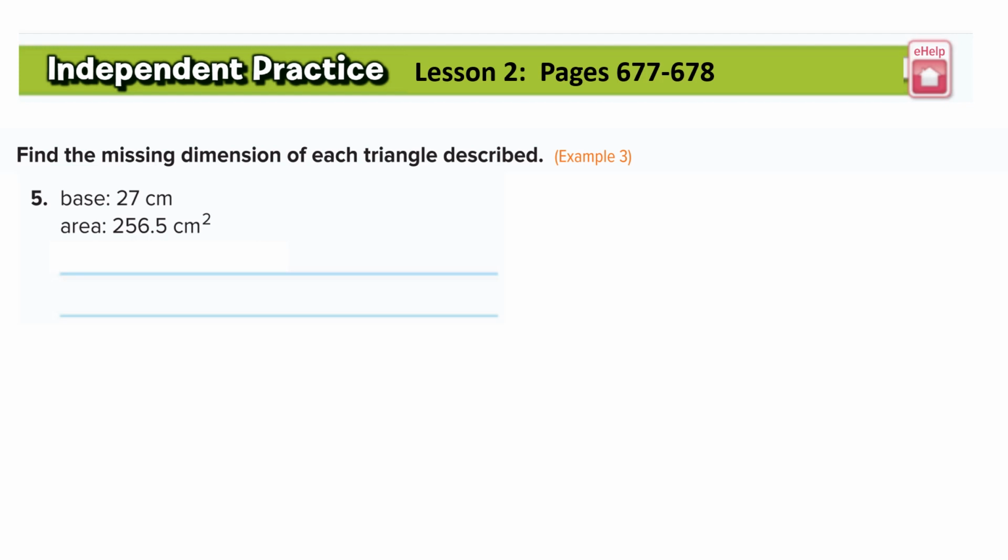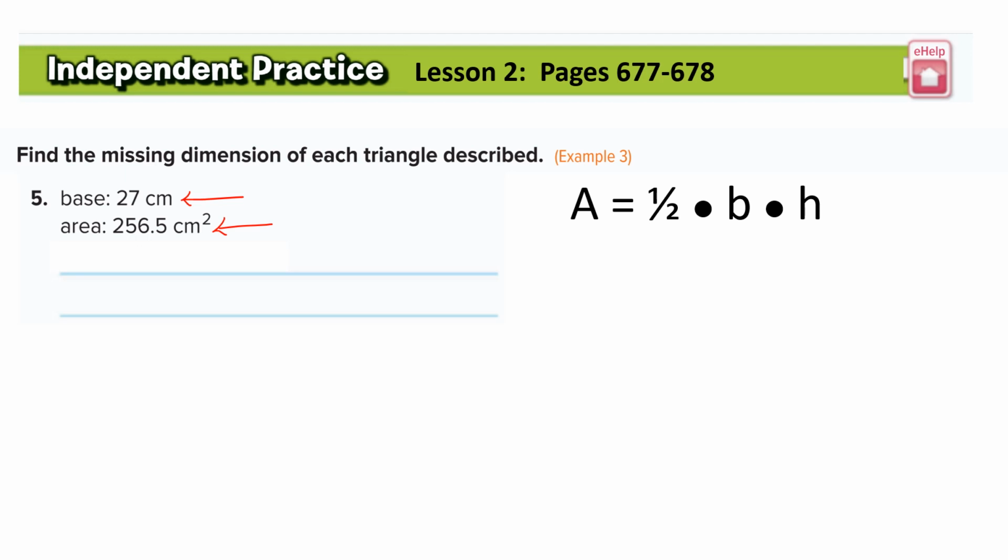Question number 5. Find the missing dimension of each triangle described. In this example, they have given us the base, which is 27 centimeters, and they've provided us with the area, which is 256.5 centimeters squared. Our formula is area equals 1/2 times the base times the height.